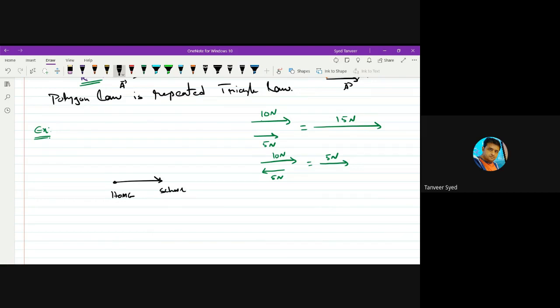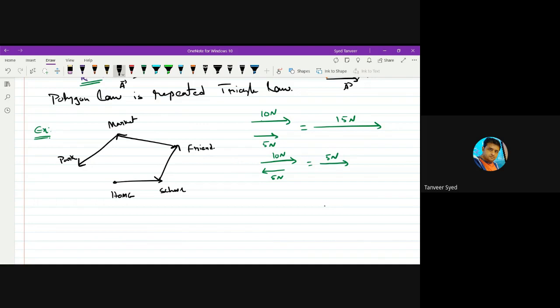You go to your friend's house. From there, you go to the market. From there, you go to the park. This is your journey.